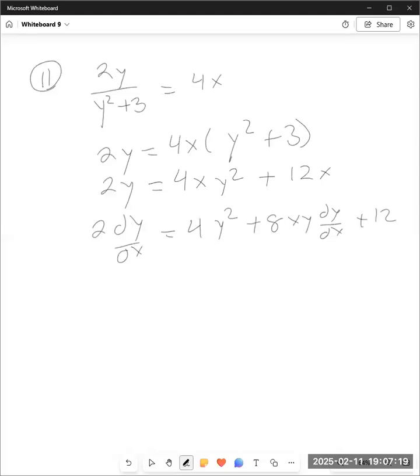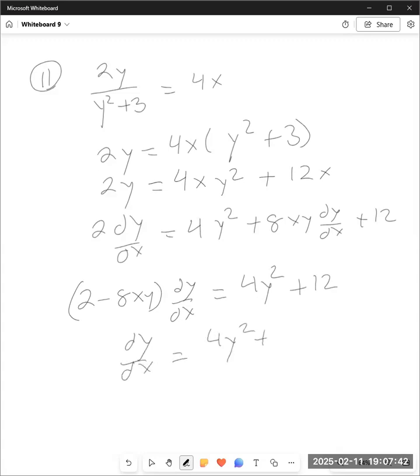Let's get my dy/dx terms on one side. So that's going to be (2 minus 8xy) dy/dx is equal to 4y squared plus 12, and dy/dx is (4y squared plus 12) over (2 minus 8xy).